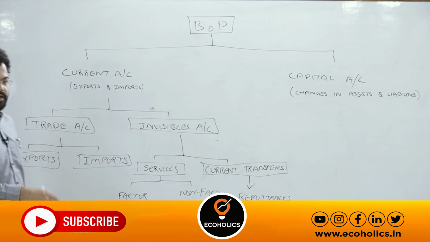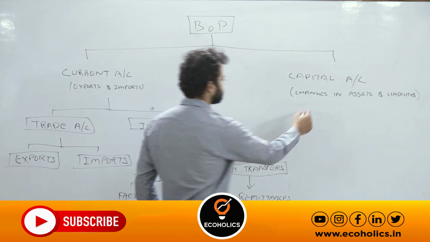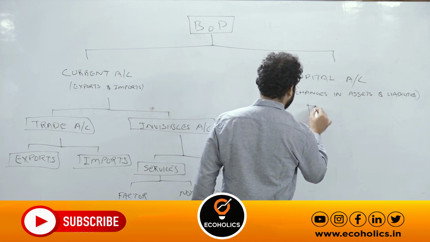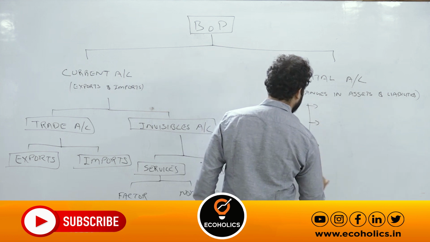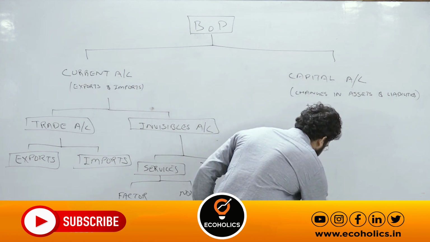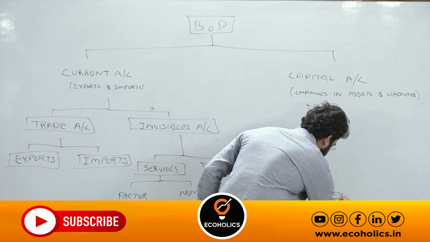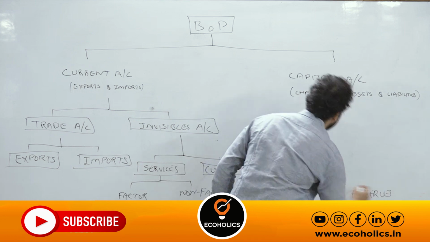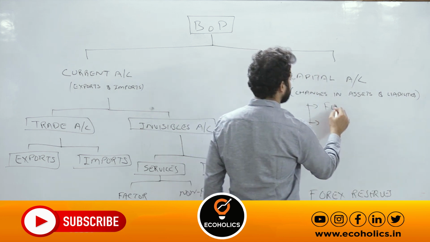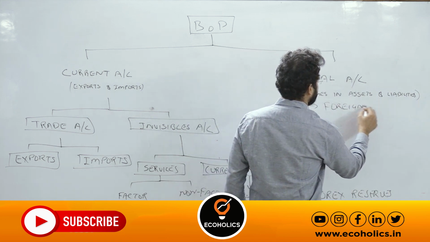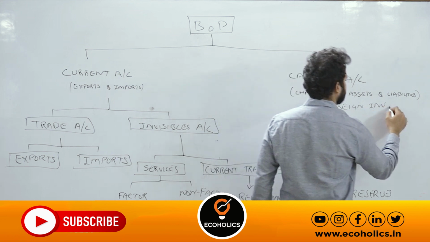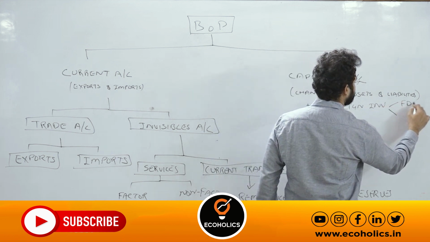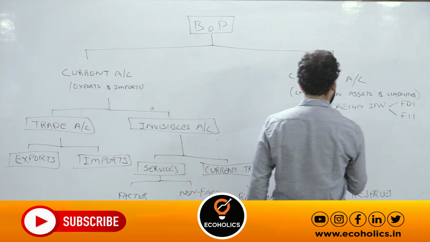In the capital account we have four. First one is your foreign investment, that comes under two categories, FDI and FII.